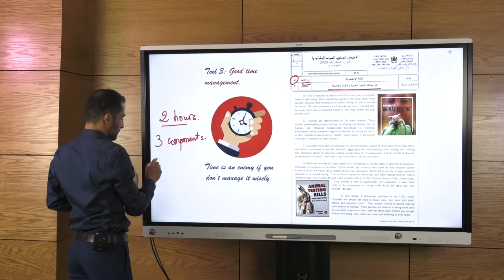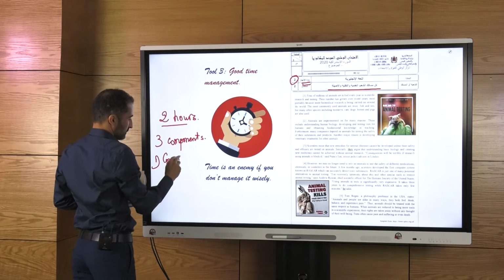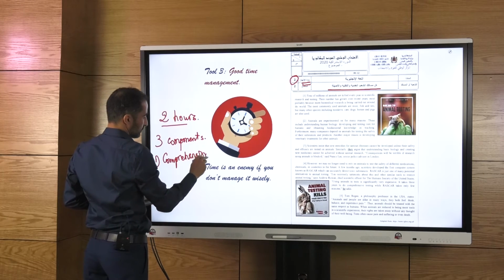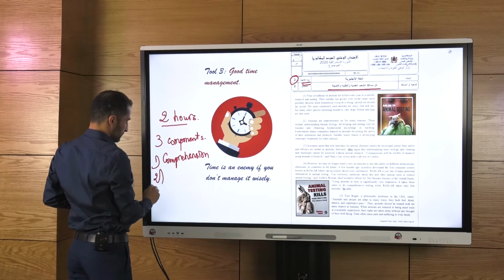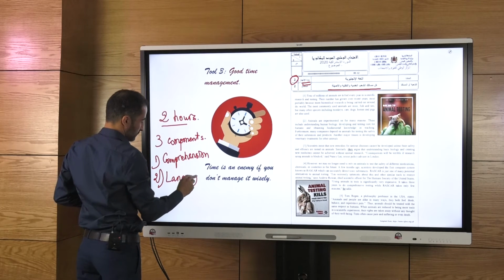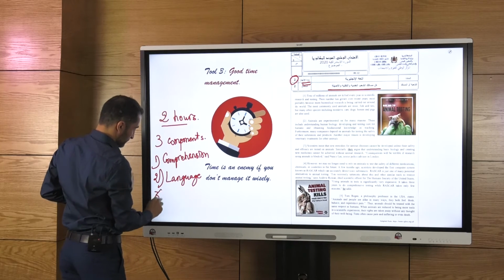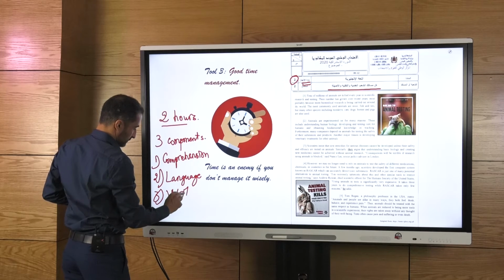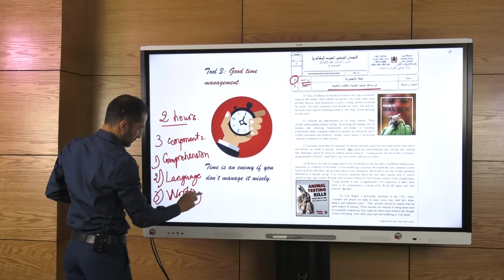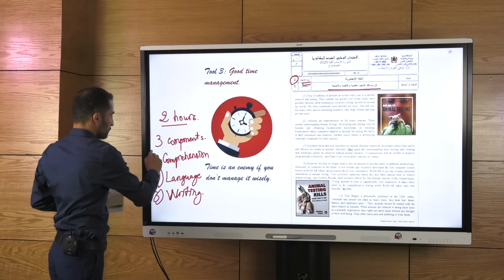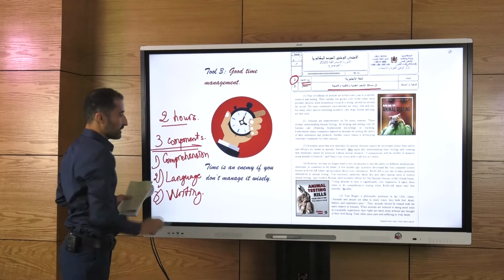Which are, number 1, comprehension. Number 2, language. Number 3, writing. So try to manage your time to cover all the 3 components.